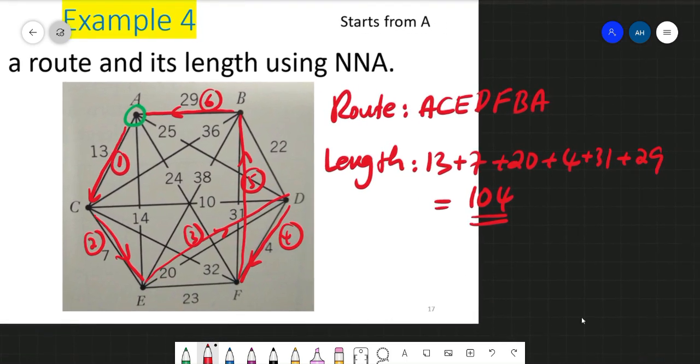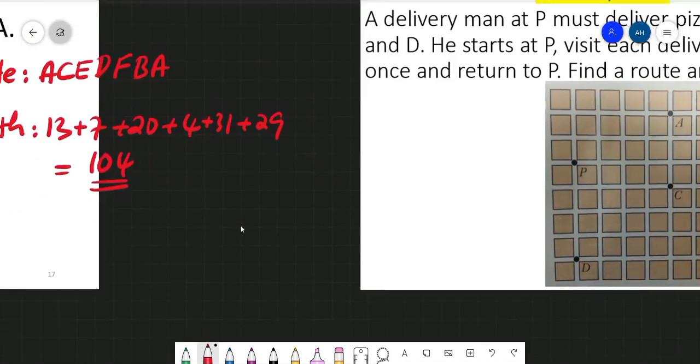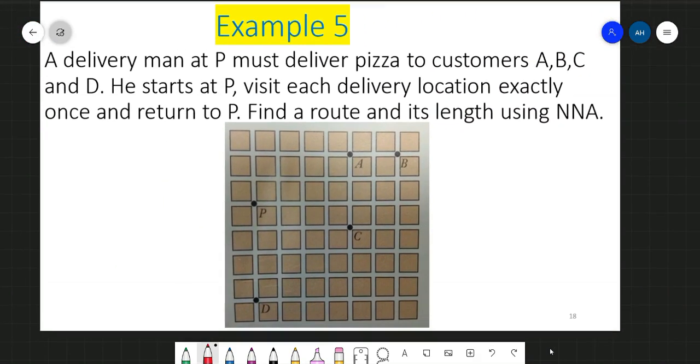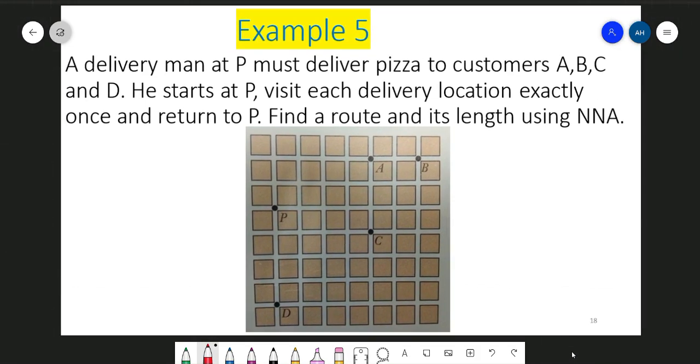Okay, now let's see our last example here. This is a little bit different if we compare to the previous one. The example says this: a delivery man at point P, where is point P? Oh yeah, this is point P there, must deliver pizza to customers A, B, C, and D. This is A there, customer B is there, C there, and D down here.